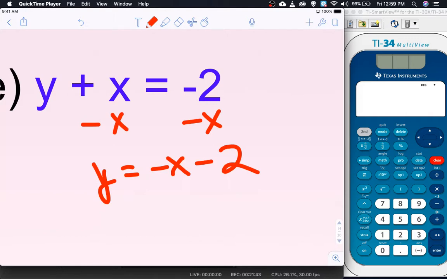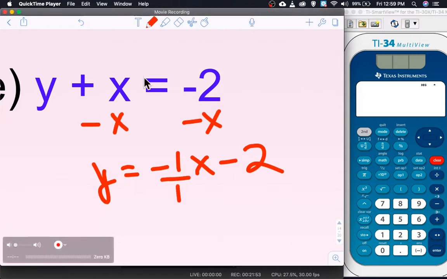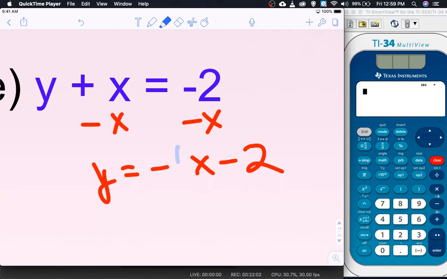There is one small thing that I would do, though, just to make my life a little bit easier. I would make sure I understand that my slope is a -1/1. So I'm just making my slope more clear. I mean, this was a negative x, but adding this in here, or if you want to make it in little ghost mode, it's technically a -1/1.